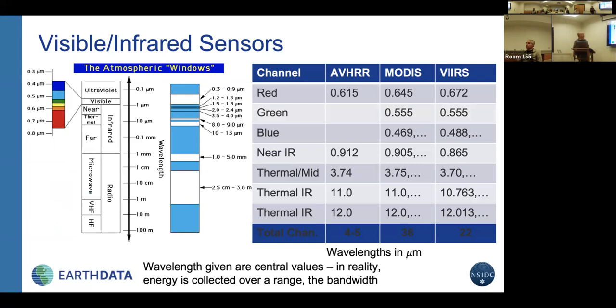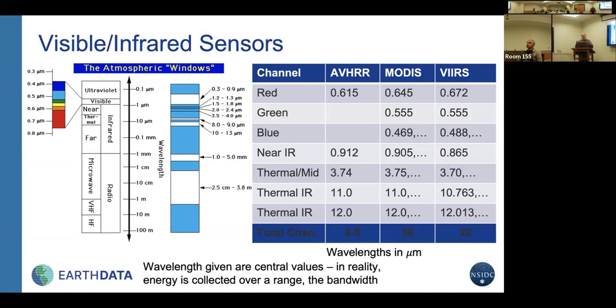They have various different channels. Some of these use several channels with very close wavelengths that can help filter things and get better data, but this is the general central bandwidth.